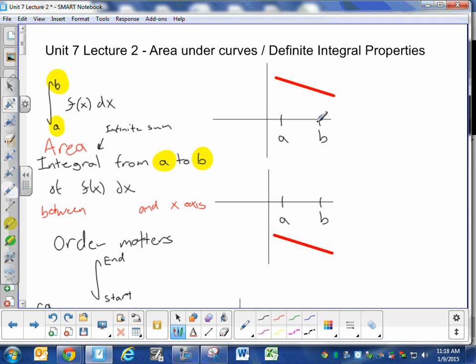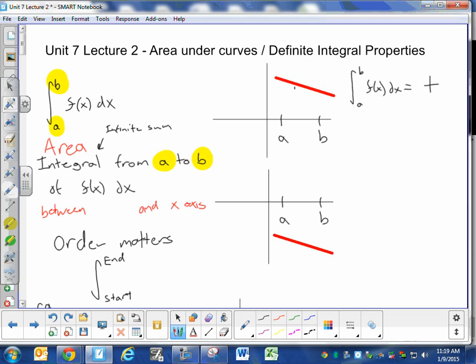Okay, and we've dealt with going from left to right already. If this is A and this is B, and I'm talking about the area from A to B, when we are above the x-axis, and if this is F in this red line, we know that this area is positive. Why is it positive?